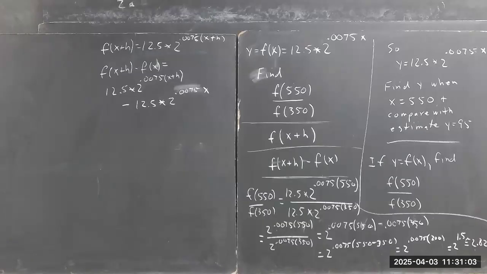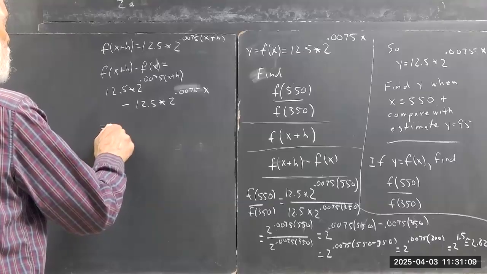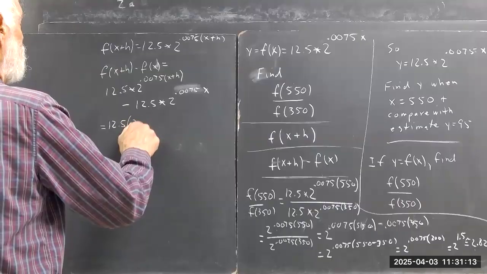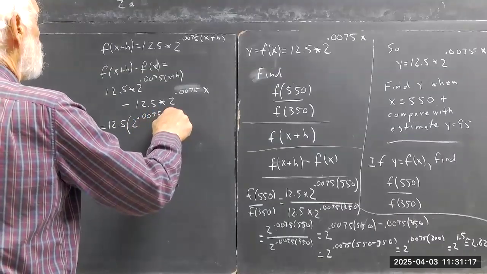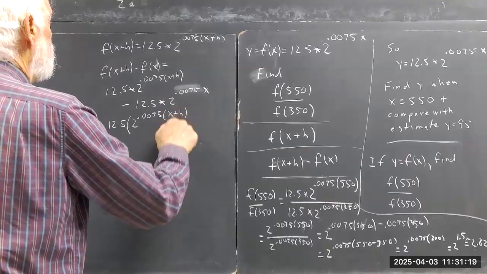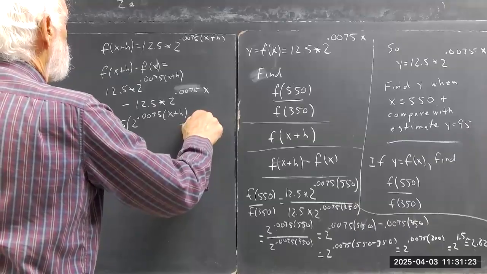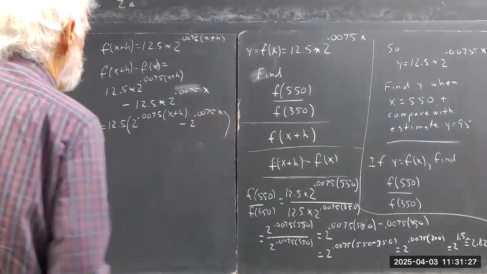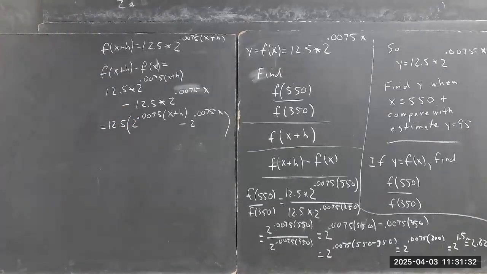Okay. Can I simplify that? Well, there are a lot of ways I can simplify it. I can write that as 12.5 times the quantity 2 to the 0.0075 times x plus h minus 2 to the 0.0075 x. Factor out the 12.5, right?